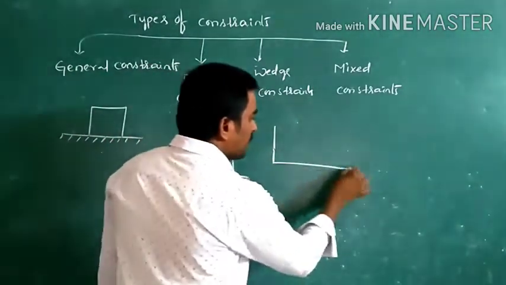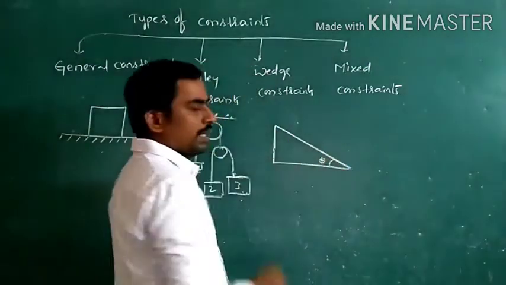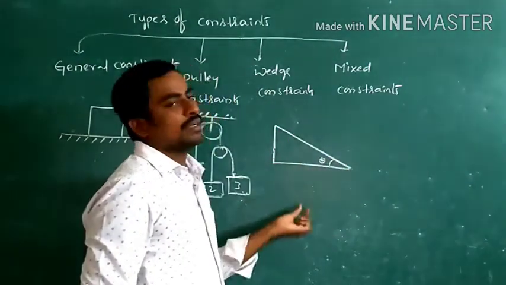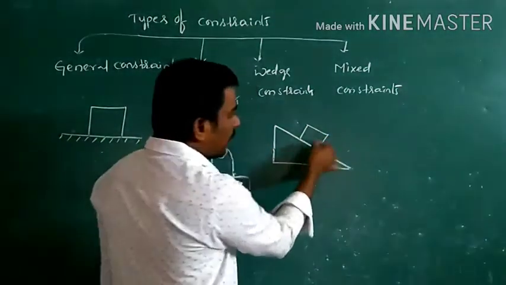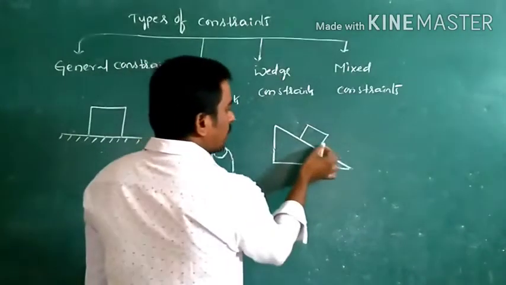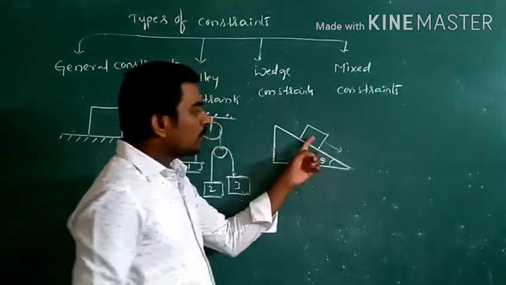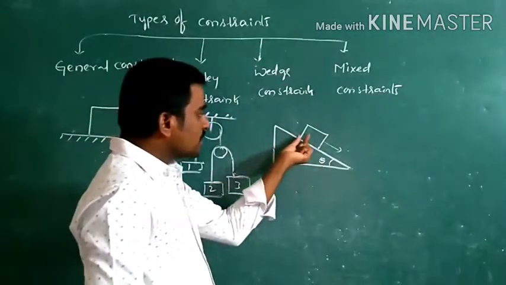Next one is wedge constraints. Wedge constraints means let us assume a wedge. An inclined plane makes an angle theta with the horizontal. This is called a wedge. On the surface of the wedge, we are going to keep a block. This block moves in downward direction. That motion of the body depends upon the wedge.